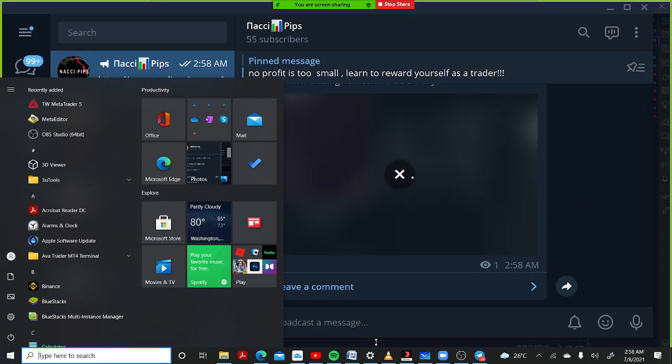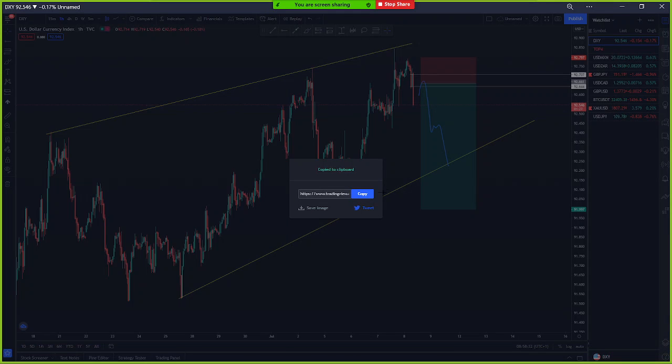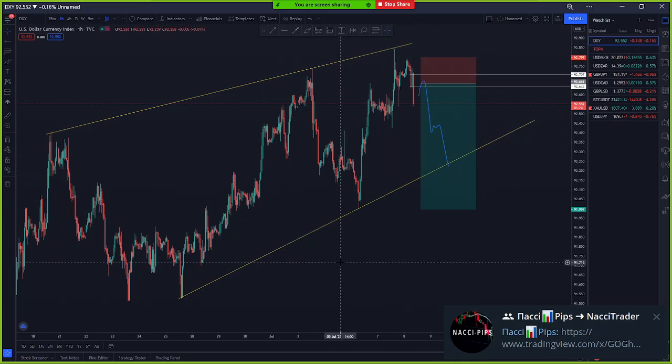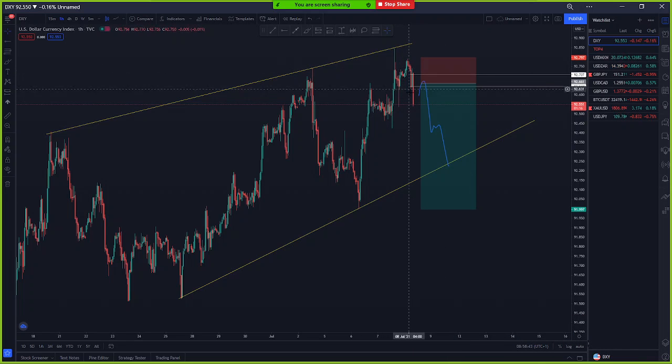So now we know our dollar index is bearish, meaning the dollar is weak. It's going to be weak. What should we expect here?